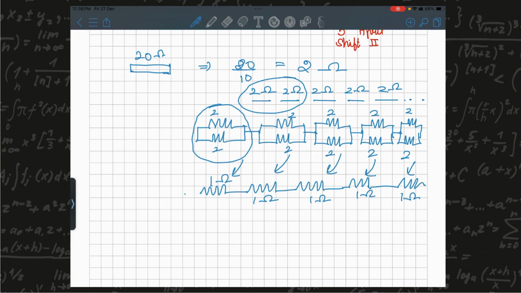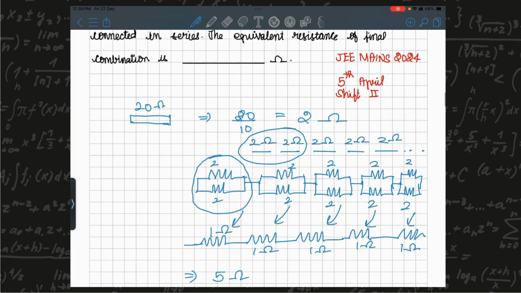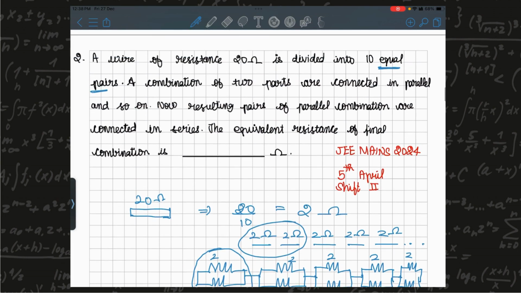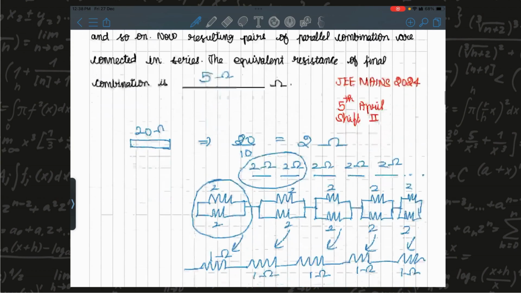So since all of these are in series, the resulting one will be 5 ohms. Right, so 1 plus 1 plus 1 plus 1 plus 1 equals 5 ohms. So the answer for this one is 5 ohms. Okay, moving on.